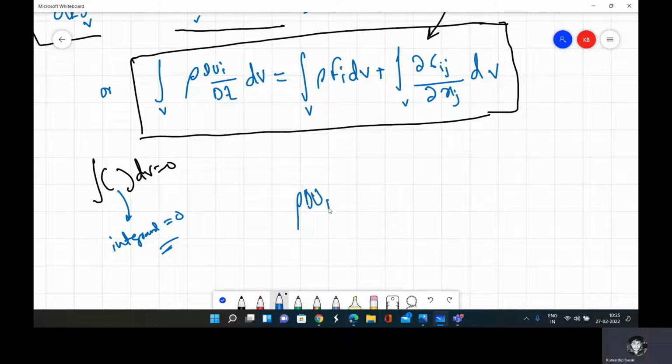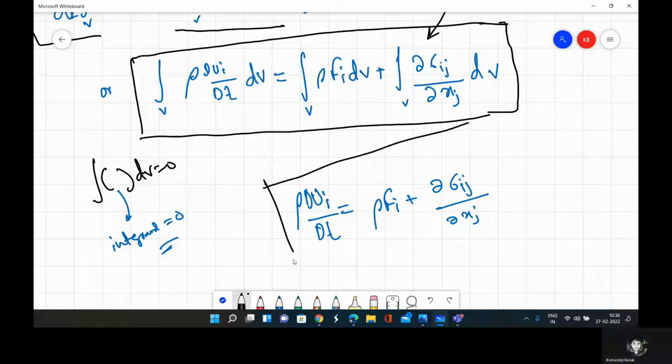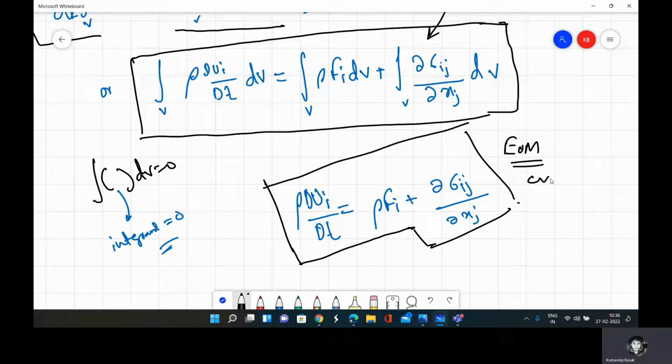So if we take the integrand or the common part out of that, what are we getting as a very simplified expression? Rho du_i by dt equals to rho f_i plus dou sigma_ij by dou x_j. So this is what we know as the equation of motion in a control volume.